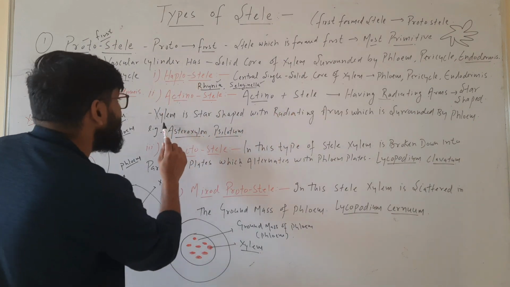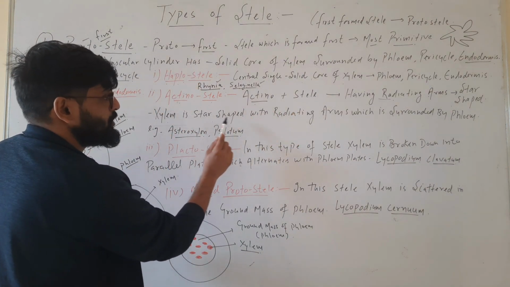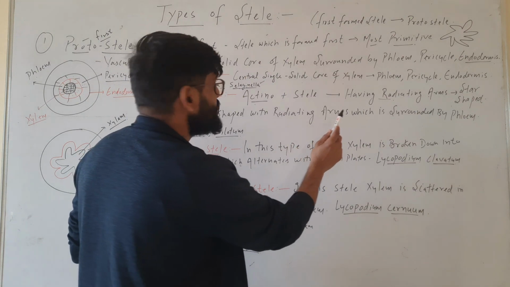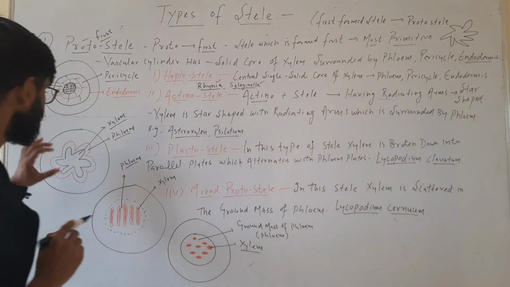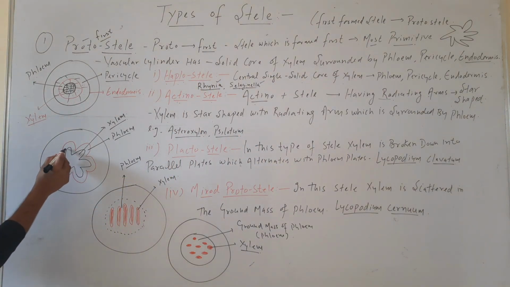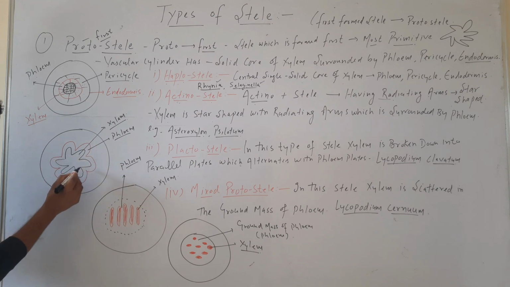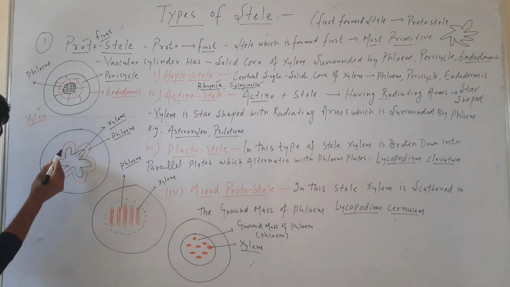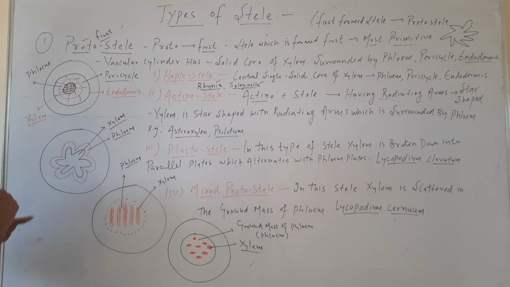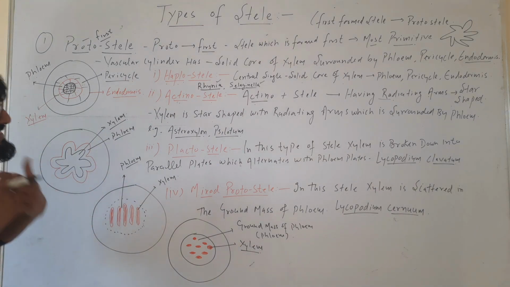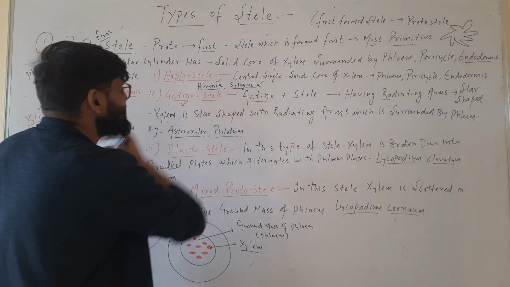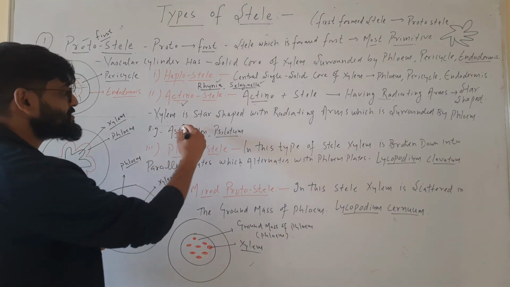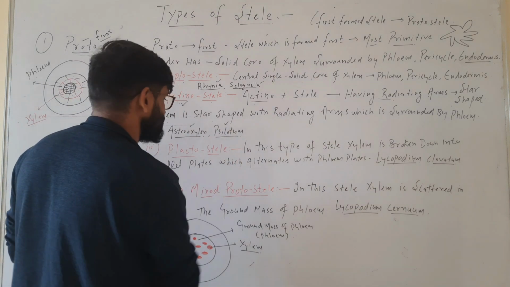The xylem here is star shaped, with radiating arms, and it is surrounded by phloem. In this diagram, this black portion is xylem. This xylem is star shaped, and it is surrounded by this red colored phloem. This type of stele is called actinostele. It is found in Asteroxylon and Psilotum.